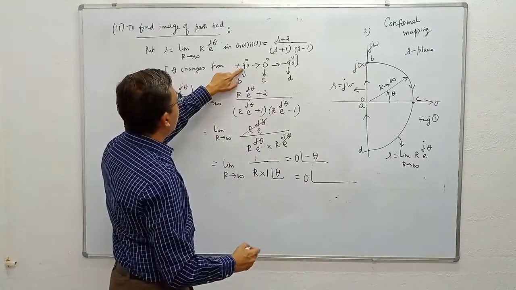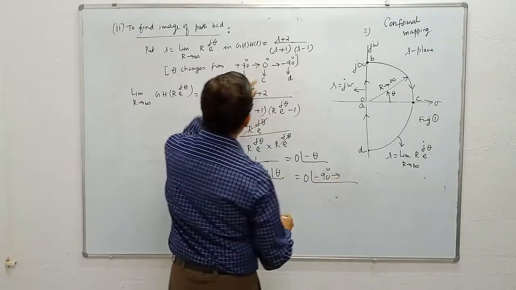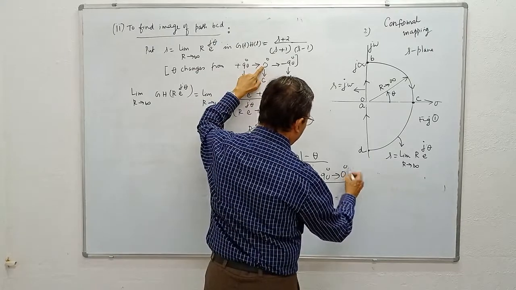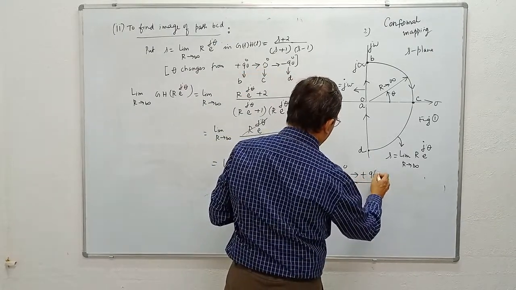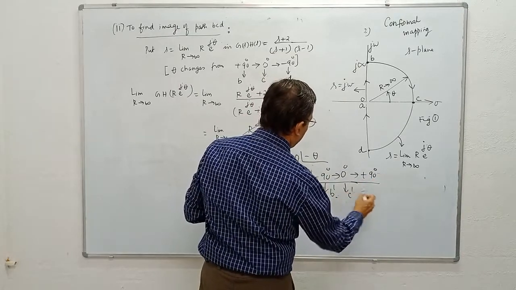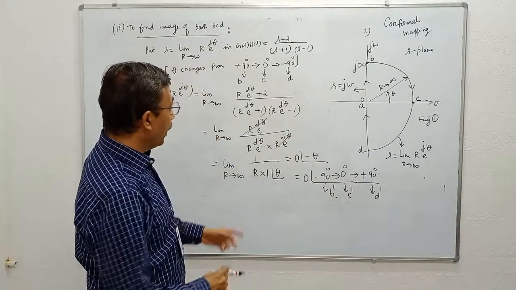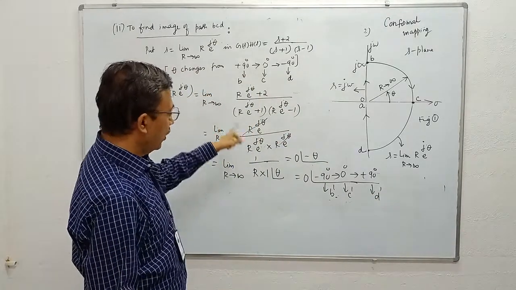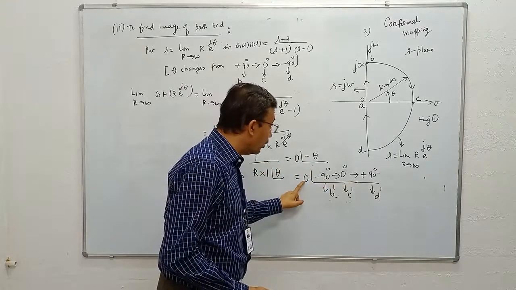Put theta values. If you put theta equal to plus 90, you get minus 90. If you put theta equal to 0, you get 0. If you put theta is equal to minus 90, you get plus 90. These are the images of the points B, C and D, known as B dash, C dash, D dash. See, the magnitude, the radius of the circle B dash, C dash, D dash is 0.